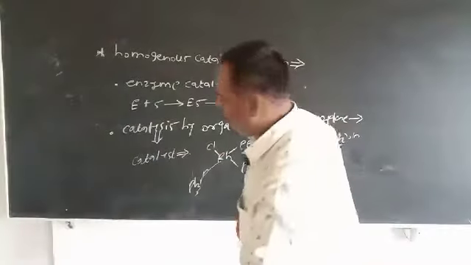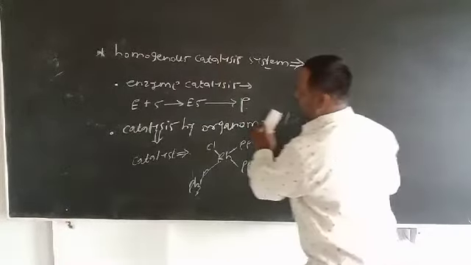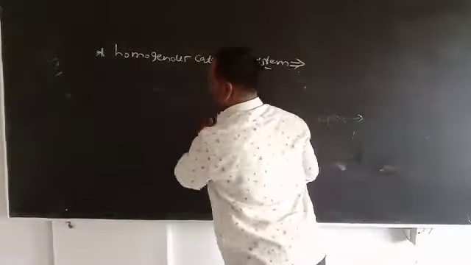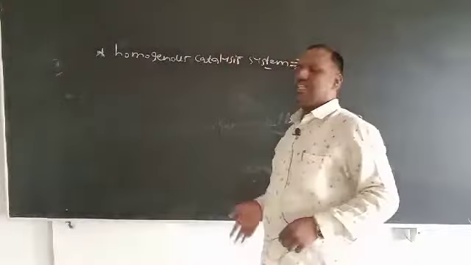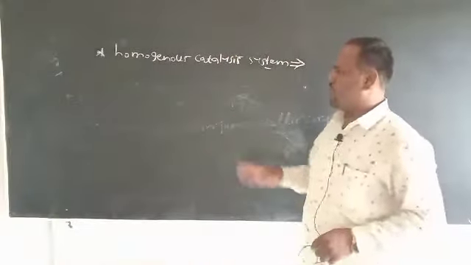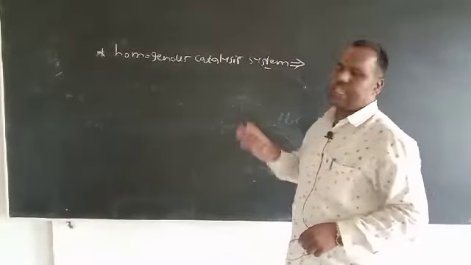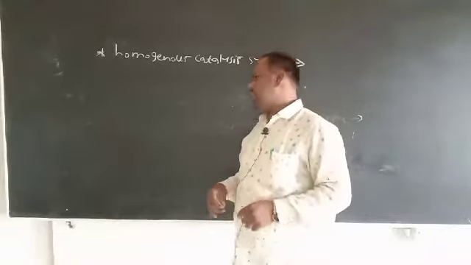Let us see another example of catalysis by organometallic complexes. There are different systems: first acid base, then enzyme catalysis, metal atom, and organometallic. We are very much interested in organometallic catalysis. The first example is rhodium chloride triphenyl phosphine.